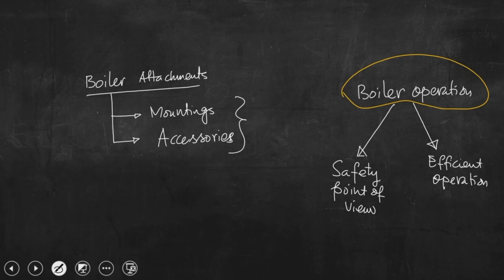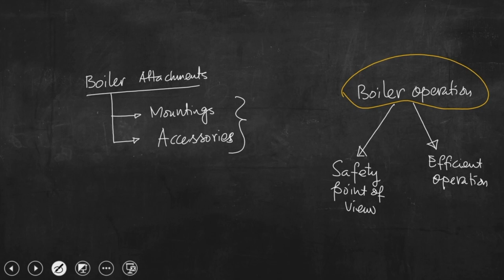This classification is based on the fact that a few components in the boiler directly affect the boiler performance. So, those are needed essentially to ensure that the operation would be efficient. Why? Because we are supplying water and our main purpose is to convert water into steam.